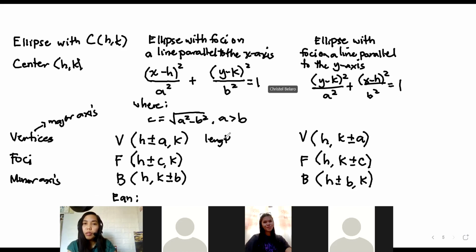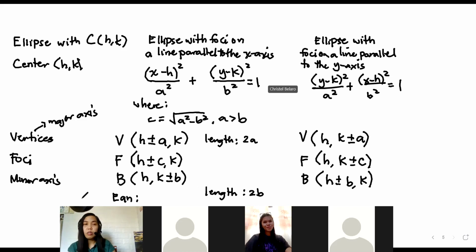Okay? Ang length, di ba yun yung kanina, the sum of foci is equal to 2A. Kasi yun yung vertices. Gano'ng kalaki yung vertices natin? That's 2A. So ibig sabihin, for the minor axis, the length is 2b.